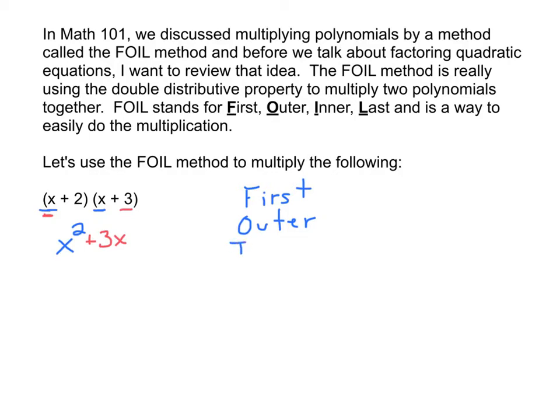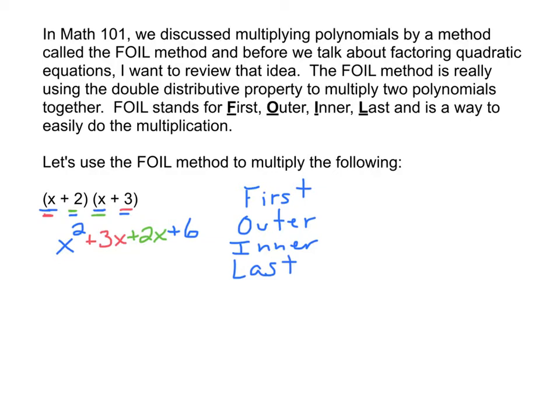Then I want to multiply the inner two terms, which are the 2 and the x. And then finally, I want to multiply the last two terms, the 2 and the 3. So I get 6.